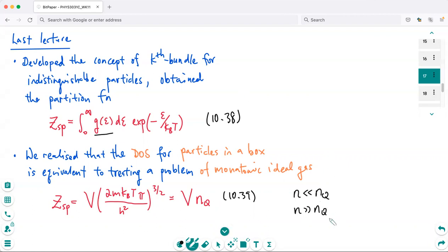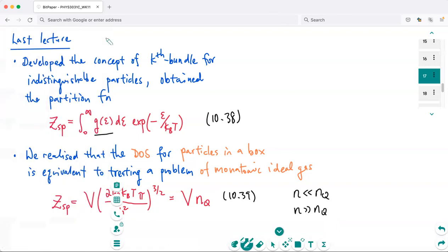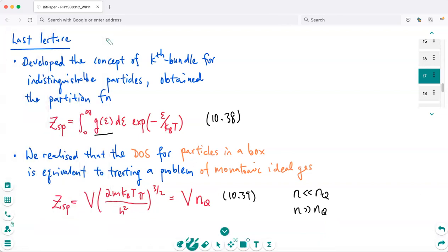Another thing we did was we plugged in G of epsilon and got this partition function, and that allows us to go back to our sausage machine again to see whether we can turn out some good functions of state.